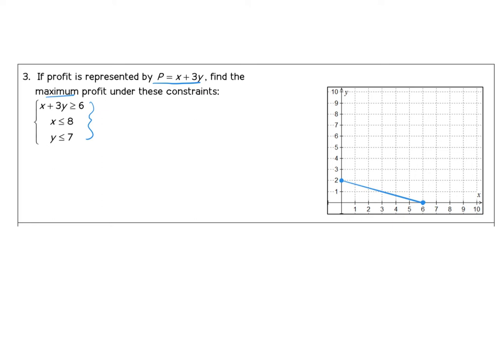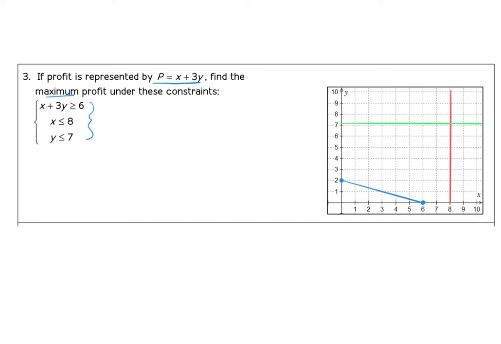The next two are horizontal and vertical lines. X equals 8. Well, that's over here, straight up at the 8 on the x-axis. Y equals 7. That's on the y-axis at 7, and that's going to be a horizontal line there.